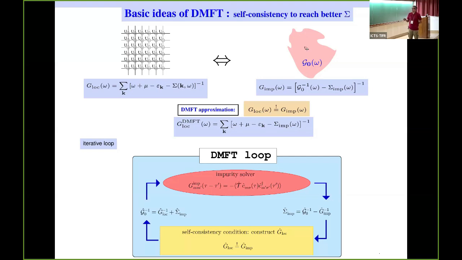We can compute this G loc, and then we can construct a new Weiss mean field via this basic relation again, which will be then different, of course, than the original Weiss mean field, because it now carries first self-energy effects. And we will do this loop as long as it's not self-consistent.